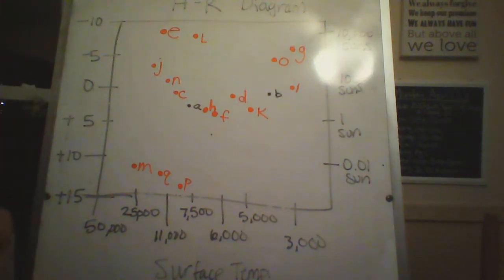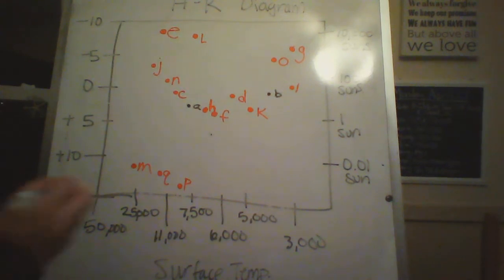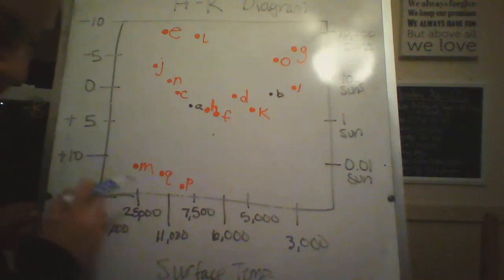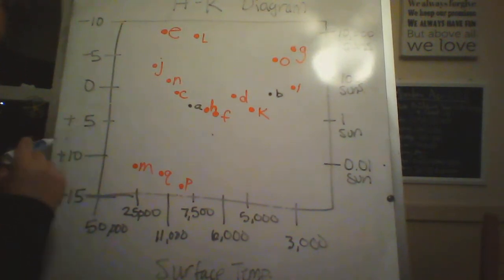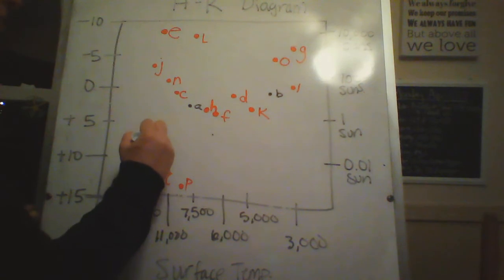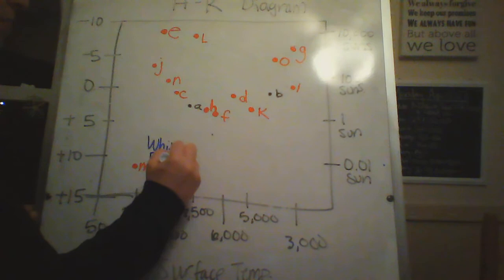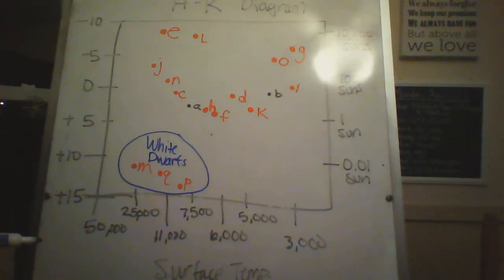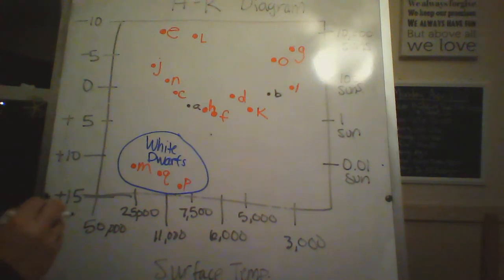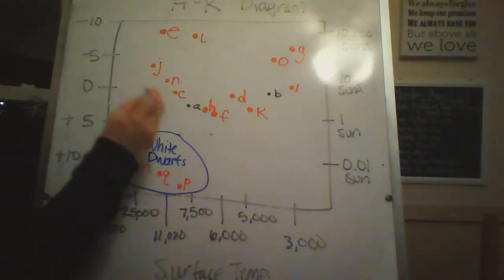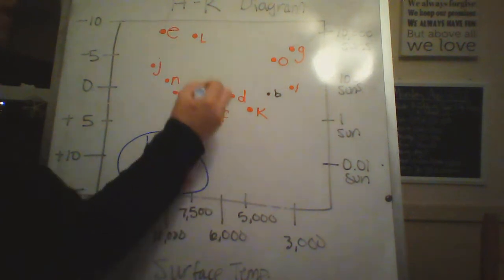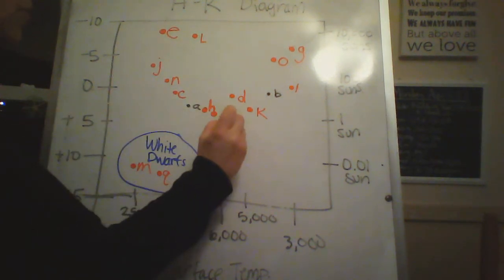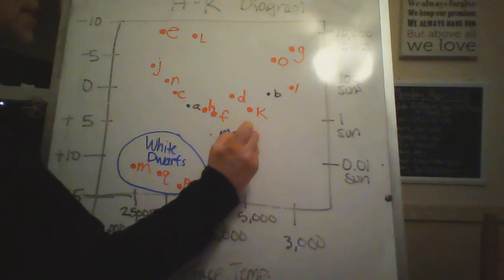So if we look at our groupings here, these down at the bottom with the high temperatures but low absolute magnitude, these are our white dwarfs. And we can circle those. Okay, so these are our white dwarfs. This line that cuts kind of through the middle here is our main sequence. So if you want to just write main sequence in this space here.